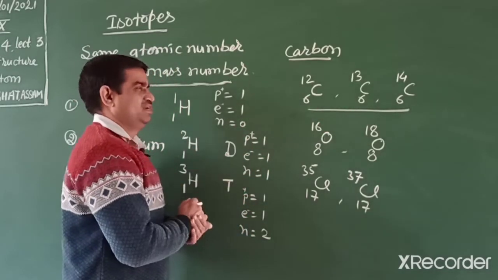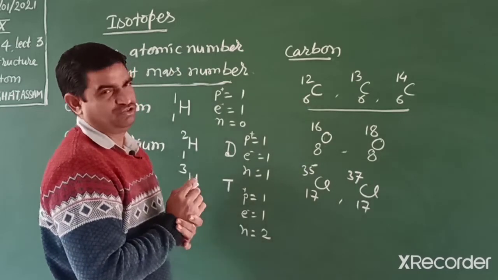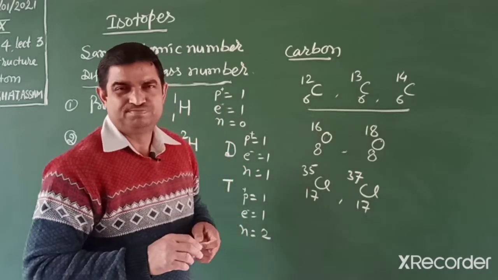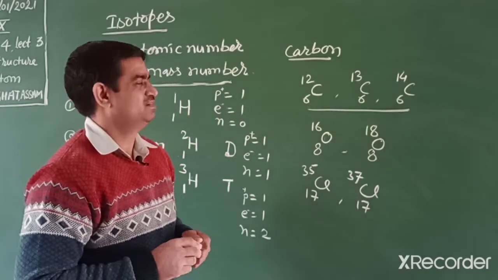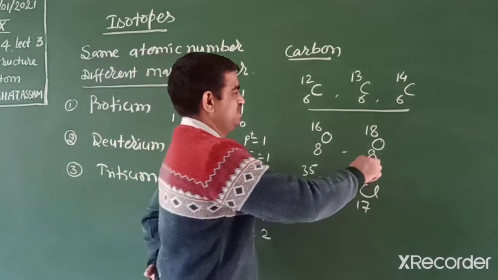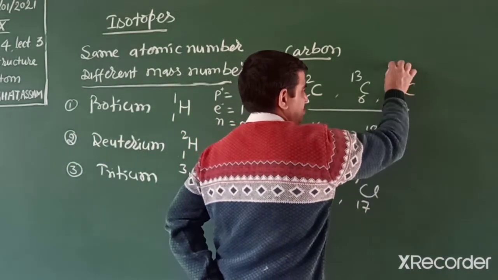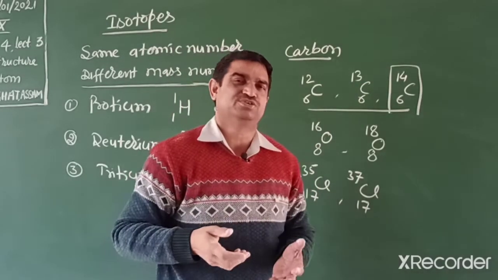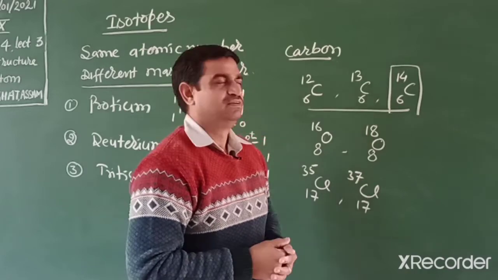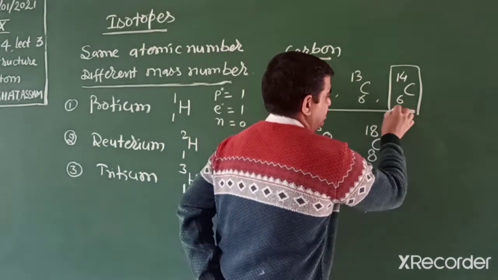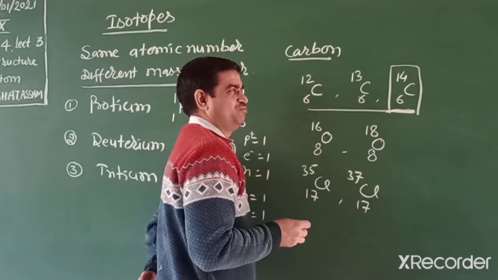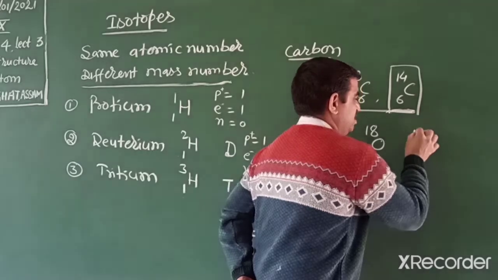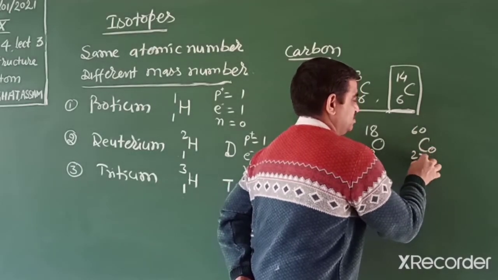So that is known as isotopes, and some isotopes have very important applications. For example, this carbon-14 isotope we use for detection of age, radio dating. Another isotope is of the element cobalt, cobalt-60, 27Co60.